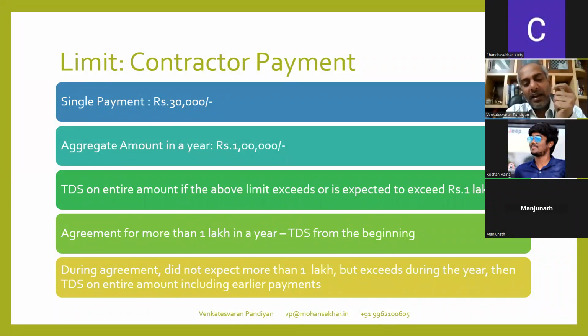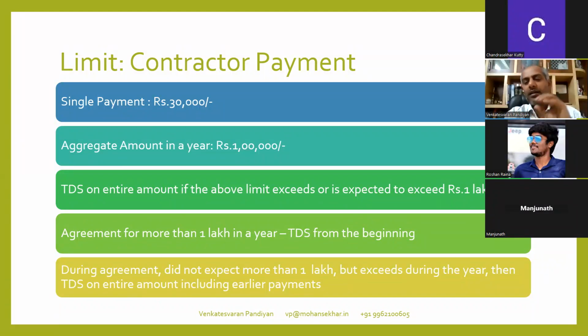So when they sign up an agreement, if they know that if they sign up for an amount more than 1 lakh for a year, then from the first payment, they have to deduct TDS. This is a normal mistake that's done by business. Care has to be taken. An agreement is entered, more than 1 lakh in that agreement. From the first rupee paid, TDS has to be deducted.